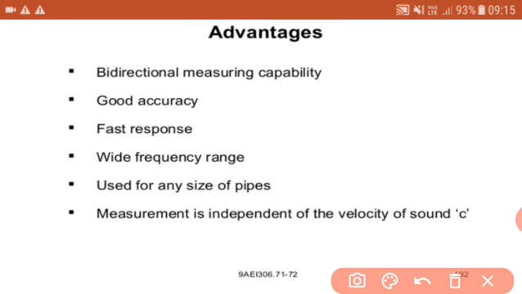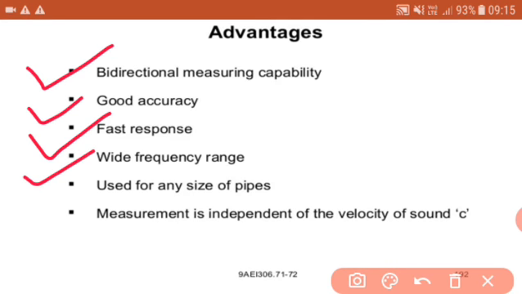Now, advantages of the transit time flow meter. It has bidirectional measuring capability, meaning we can flow and measure from left to right or right to left. Accuracy is good, response is fast, and it has a wide frequency range.